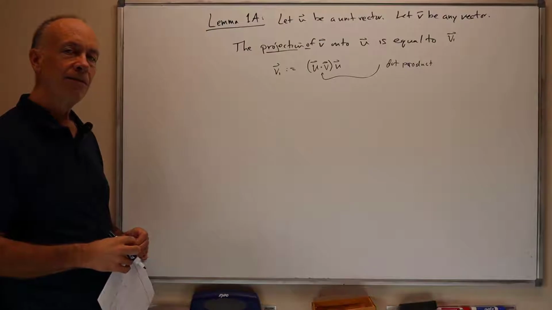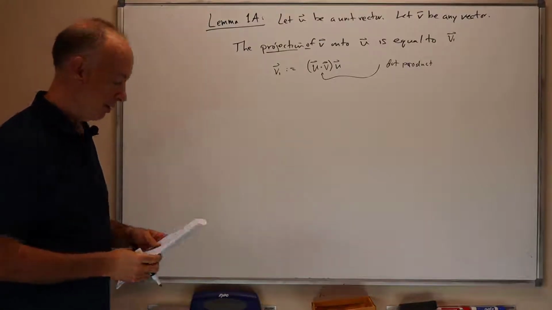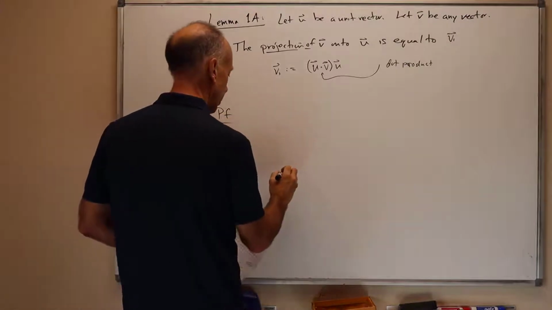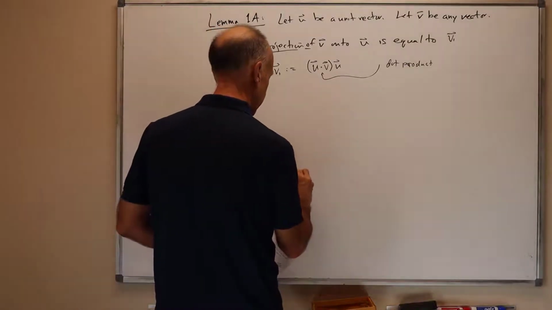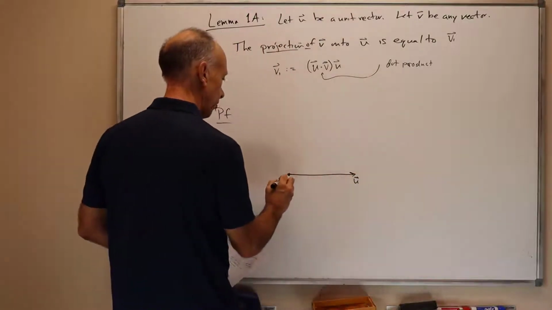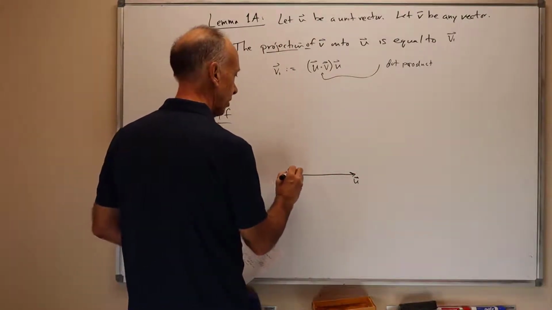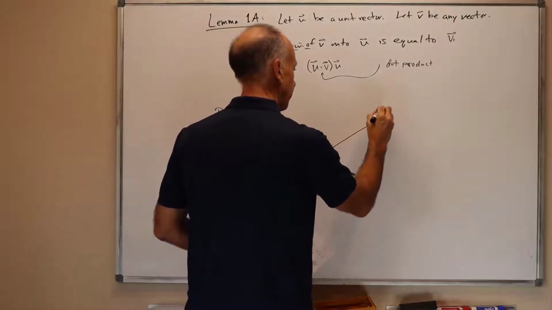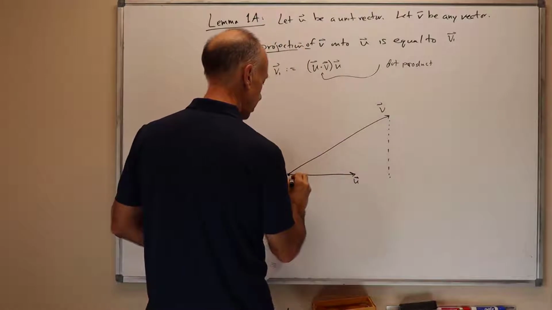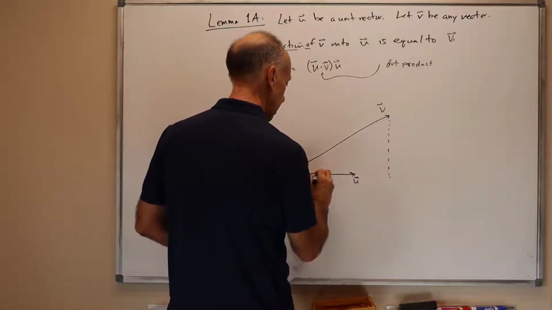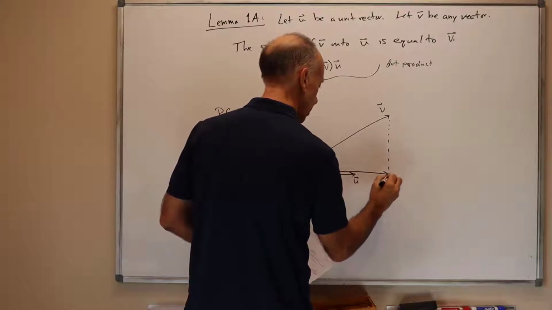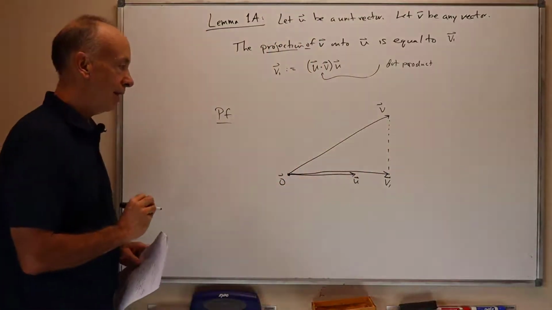So this probably is a familiar lemma to you, but let me remind you how this works. The proof, I'll just do a sort of picture here. I've got the unit vector u, length 1 vector u. Think of the origin as here. I've got some other vector v. Its projection onto u, is what we mean by that, is the vector that is the component of v in the direction of u.